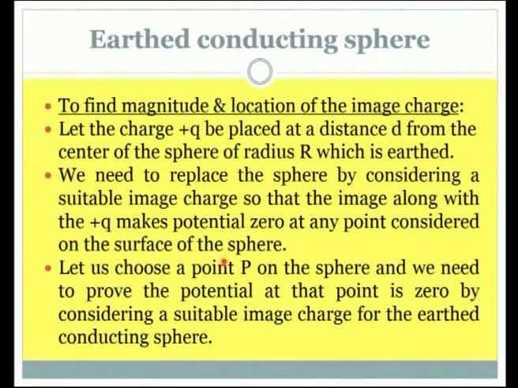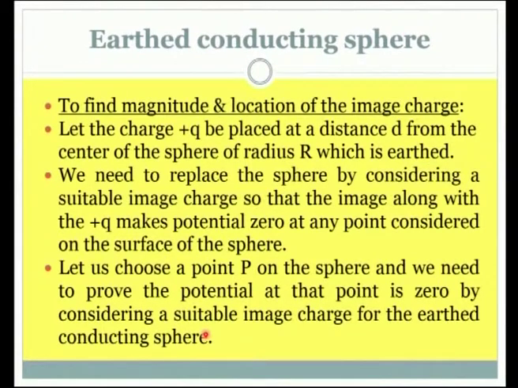Let us choose a point P on the sphere, and we need to prove the potential at that point is 0 by considering a suitable image charge for the earth conducting sphere.